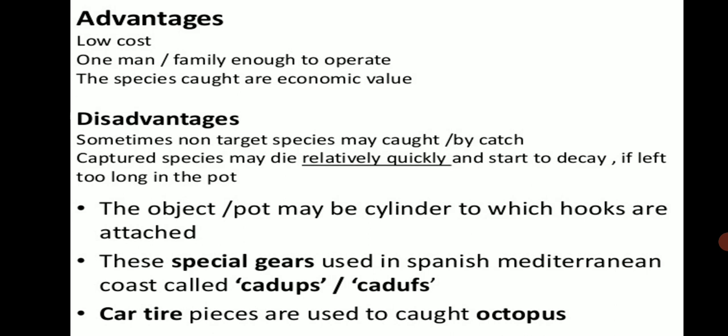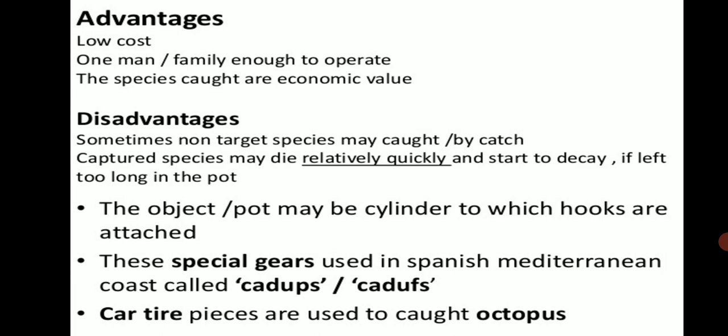Advantages: low cost, and one man or a family is enough to operate. The species caught are of economic value. Disadvantages: sometimes non-targeted species may be caught as bycatch. Captured species may die relatively quickly and start to decay if left too long in a pot.